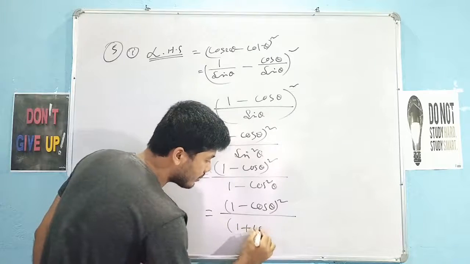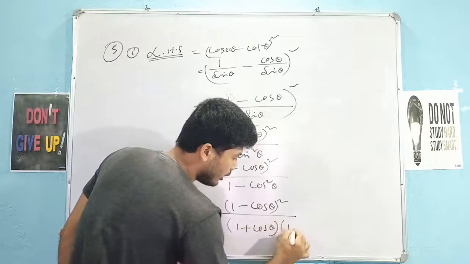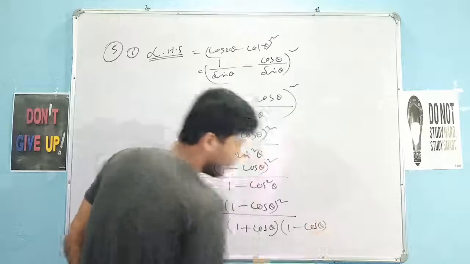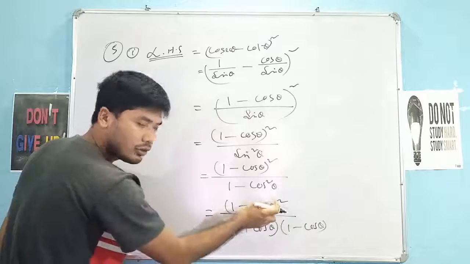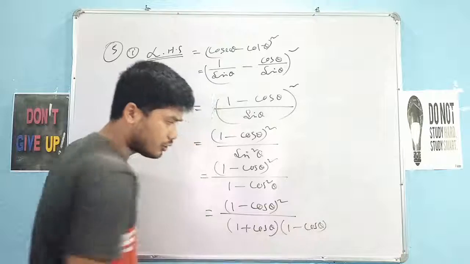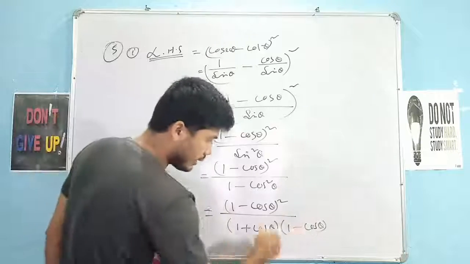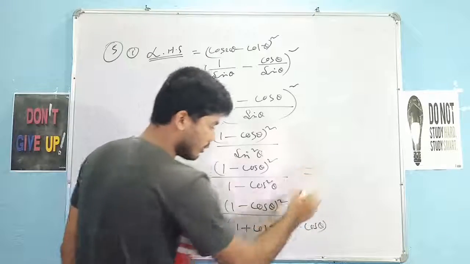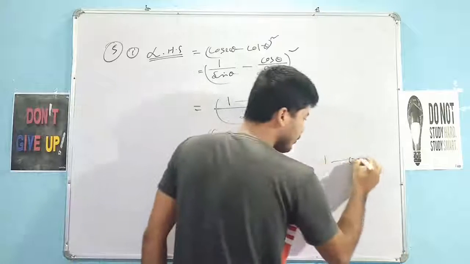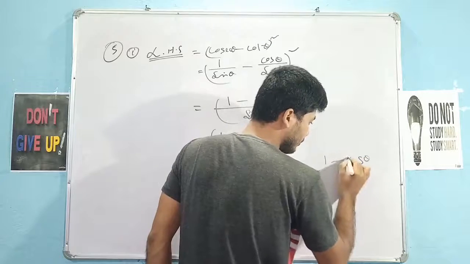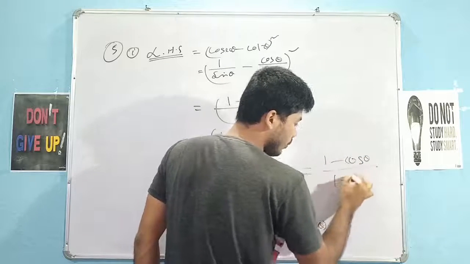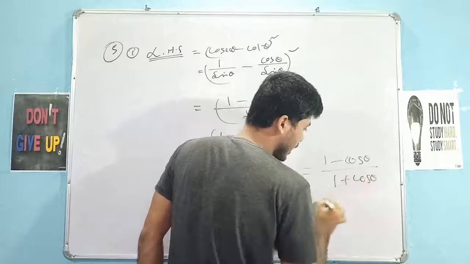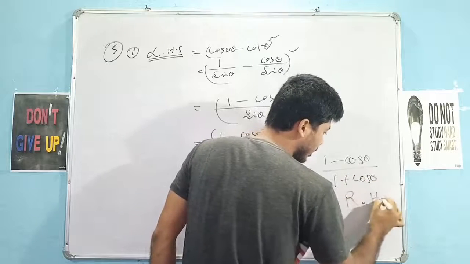Here 1 minus cos square theta has two factors, and the numerator has two factors of 1 minus cos theta, so one gets removed. So the answer is (1 minus cos theta) by (1 plus cos theta), right? This is our right hand side, isn't it?